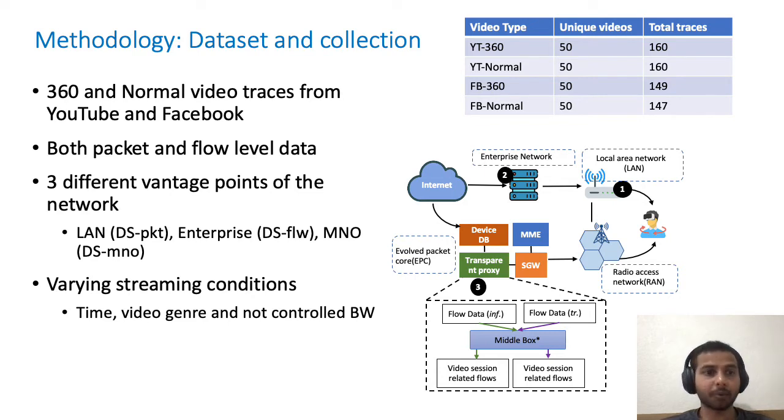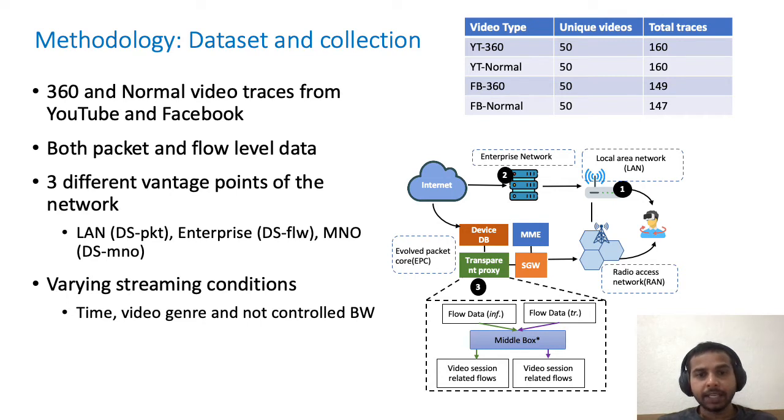We collected both packet and flow level data from 3 different vantage points of the network. First, the LAN, local area network, where we collected the packet level data. From here onwards, we will denote it as DS packet. Using those packet level data, we emulate the flow level data that we can collect from an enterprise network, which we denote as DS flow.